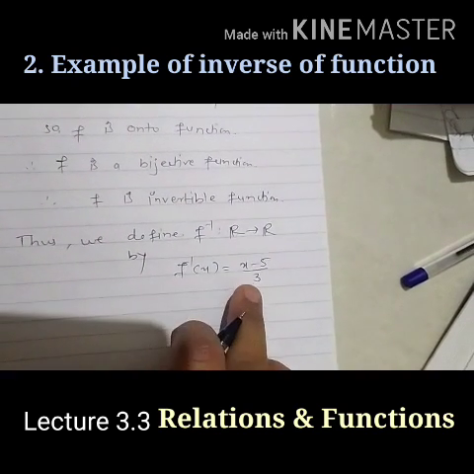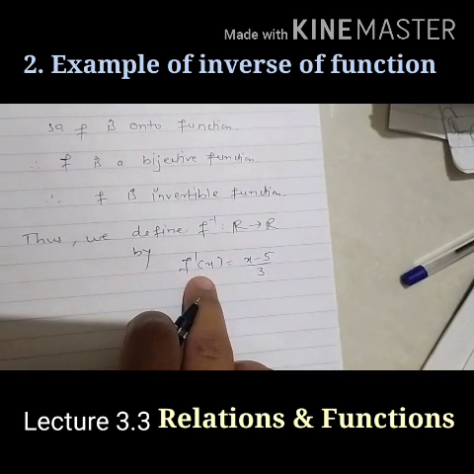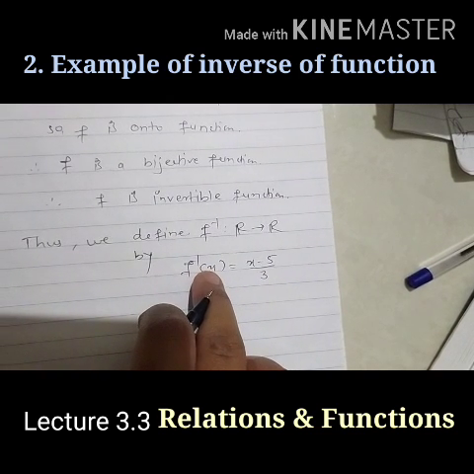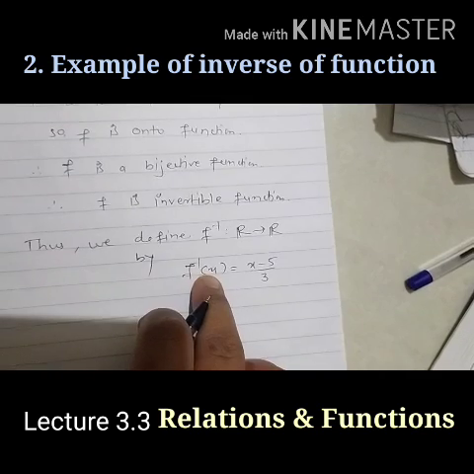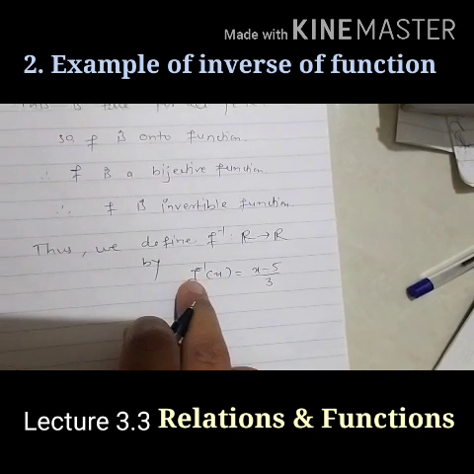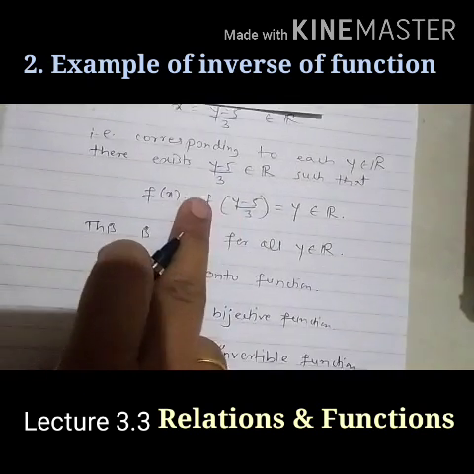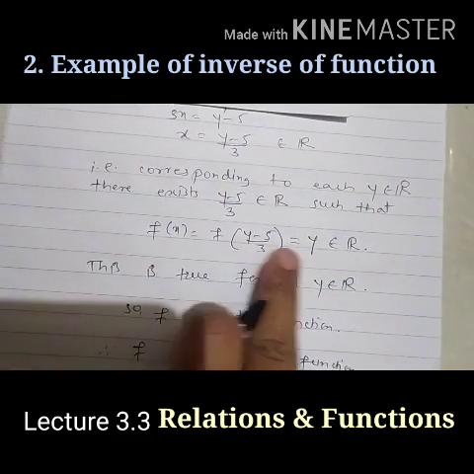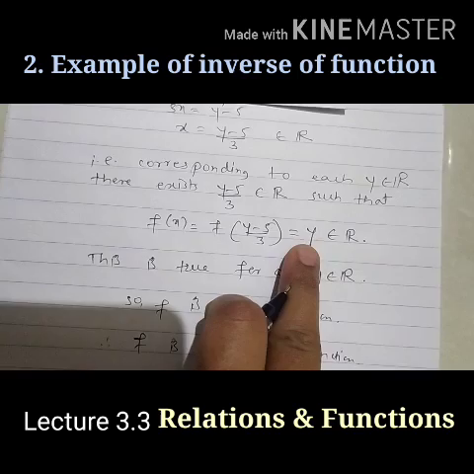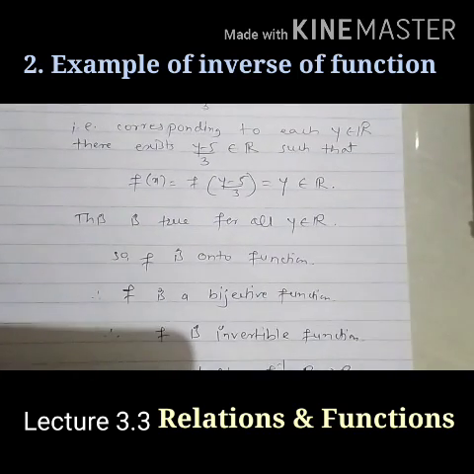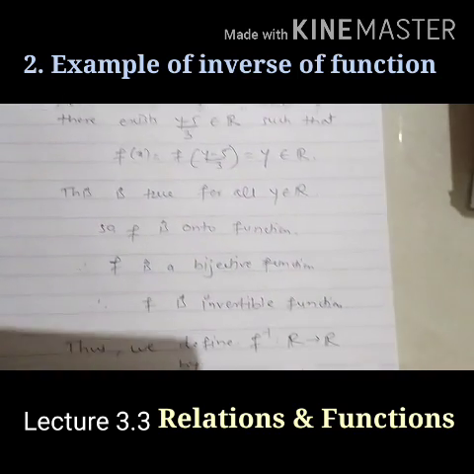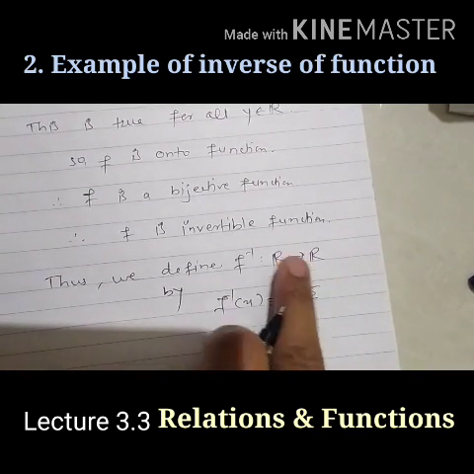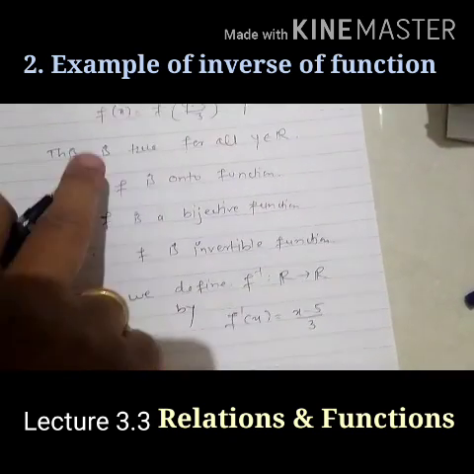Getting? So in f inverse of x, this x will be from the domain set of f inverse. But now in this function, this y will play the role of x here. So now this (x minus 5) by 3 will be in the domain set of f. Getting?